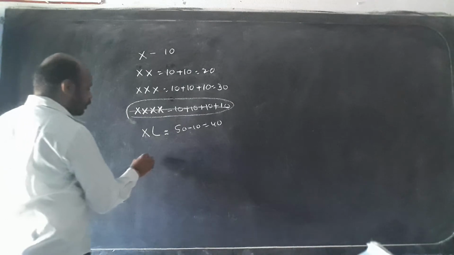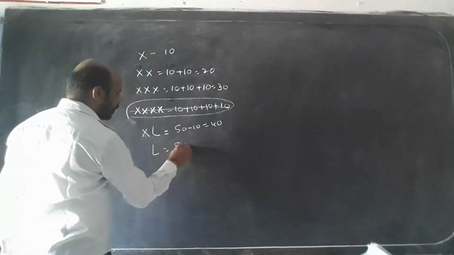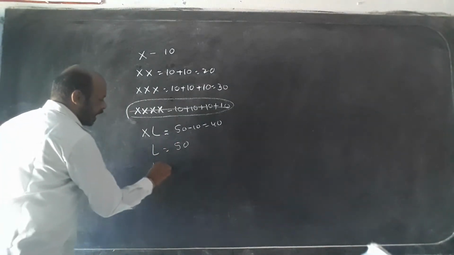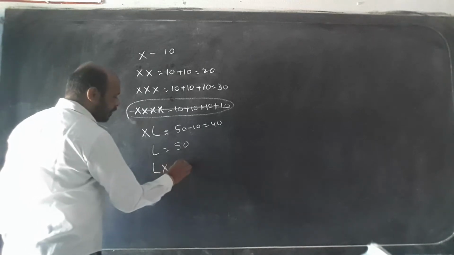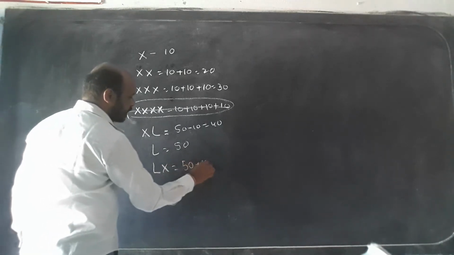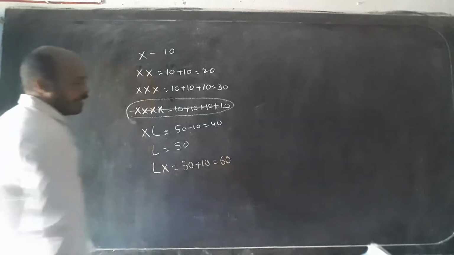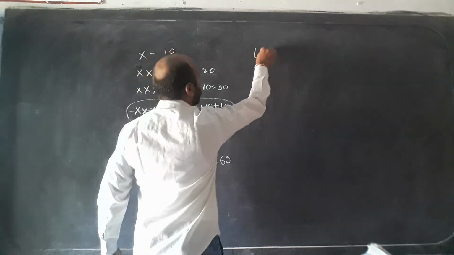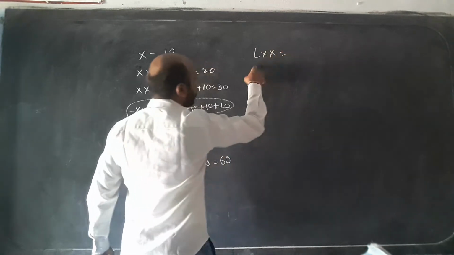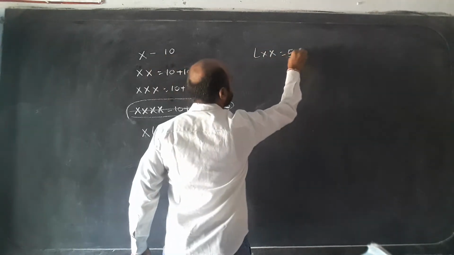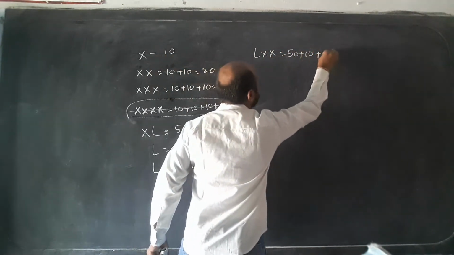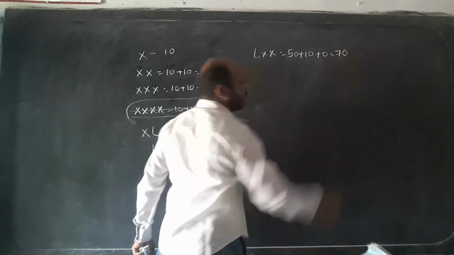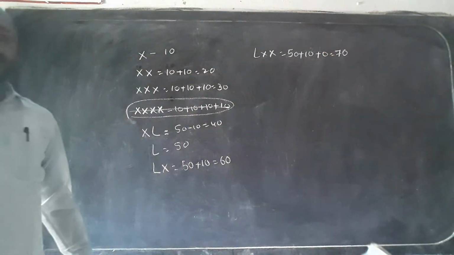Next, L becomes 50. Then LX: L means 50 plus X means 10, both make 60. Next, LXX: L value 50 plus 10 plus 10, total is 70.